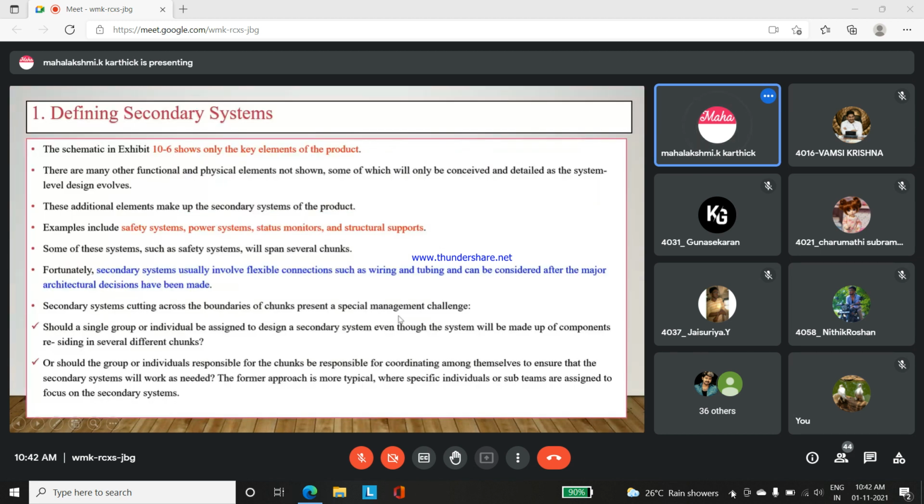It is nothing much. Secondary systems: whichever product we take, we have to focus on safety system, power system, status monitor and structural support. This is acting as a secondary system. I'll send you the video related to this topic to understand. Today it's enough.